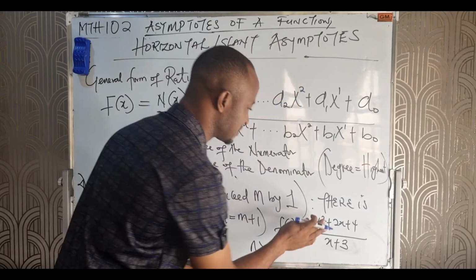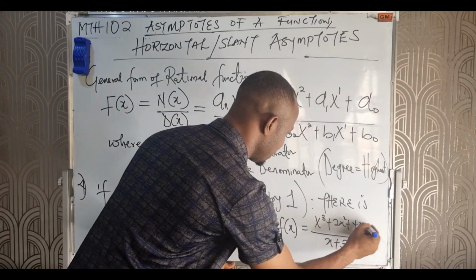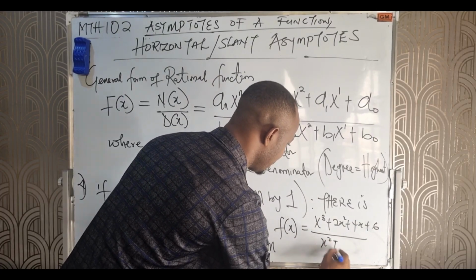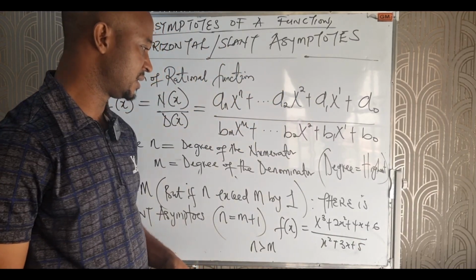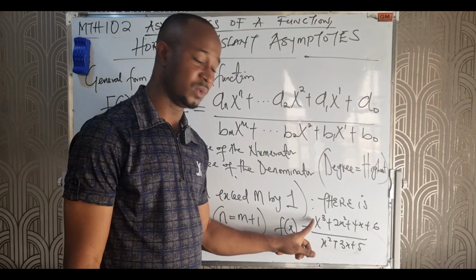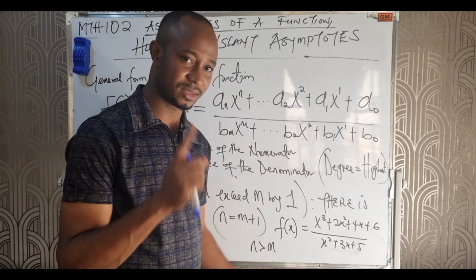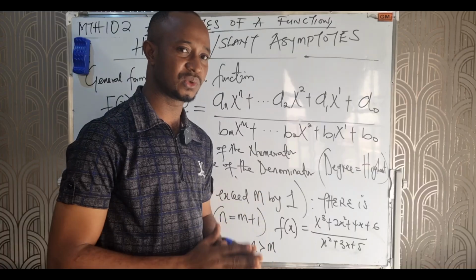What if I have something of this nature? I have x cubed plus 2x squared plus 4x plus 6 over x squared plus 3x plus 5. What do we notice here again? The degree of the numerator, which is 3, exceeds that of the denominator by 1. It simply means we have a slant asymptote, but there is no horizontal asymptote.